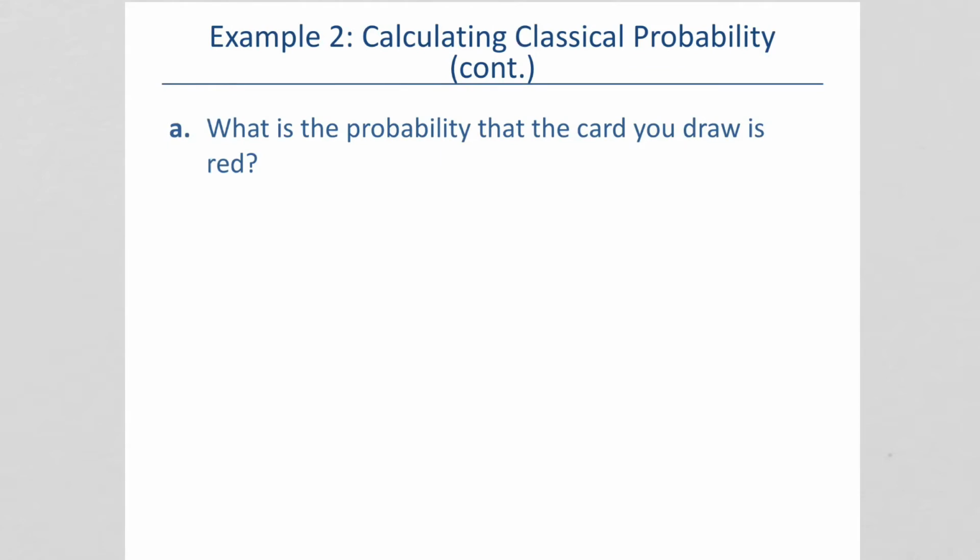What is the probability that the card you draw is red? So we want the probability for red. We'll need the total number of red cards over the total number of all the cards.